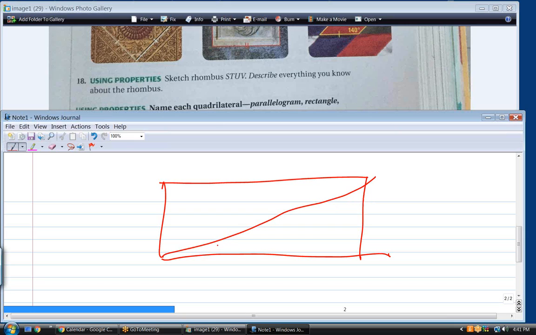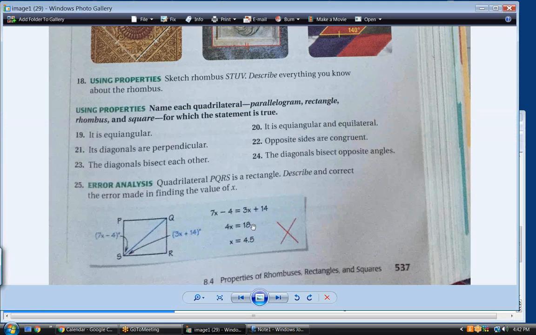That's more like a 20-degree angle and a 70-degree angle. But the fact is, there's no way this can be 45. And if that's not 45, it's not equal to that angle. So the problem with this statement is you cannot say that angle equals that angle.